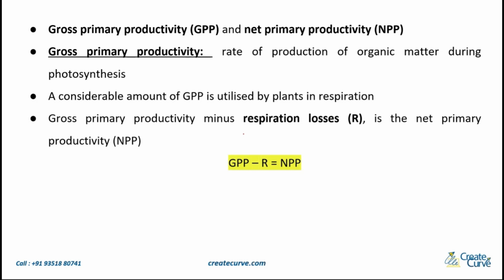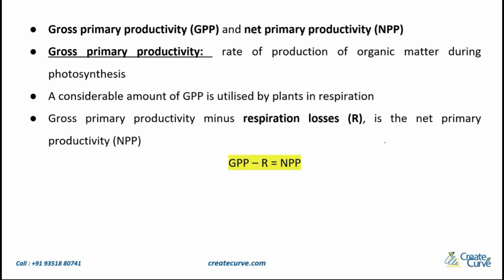And if you subtract the respiration losses, when organic matter is being produced, the organisms that are making this organic matter will be respiring, so there's going to be some amount of respiration loss. So if you do GPP minus R, which is the respiration loss, you get the net primary productivity.